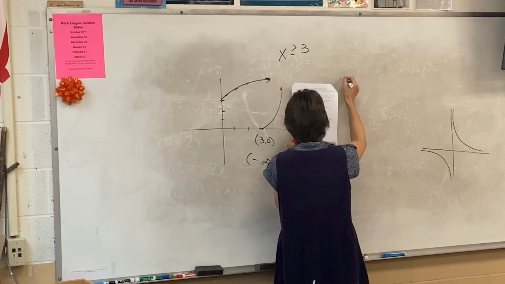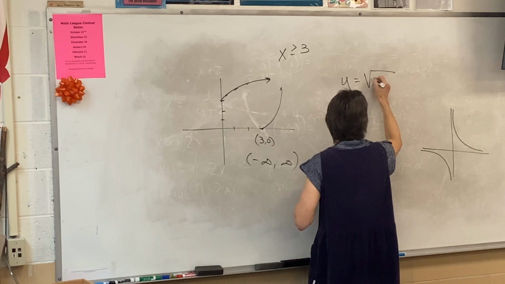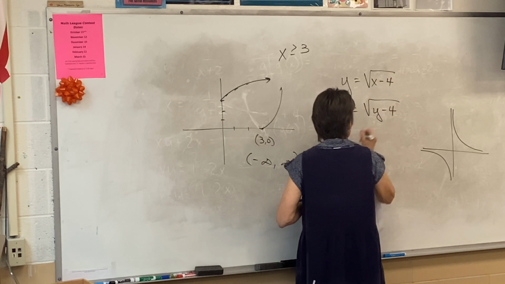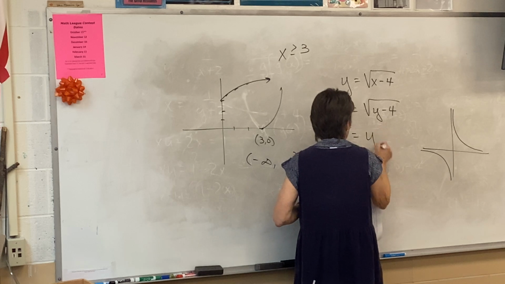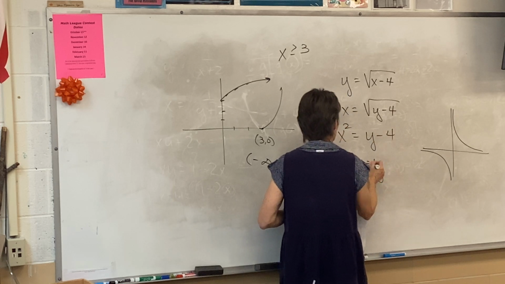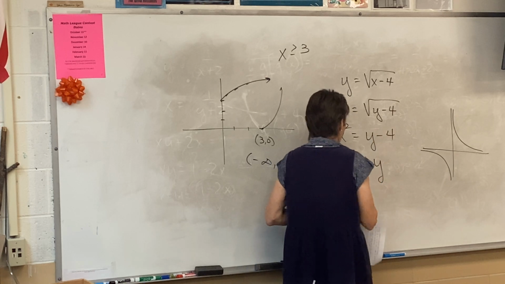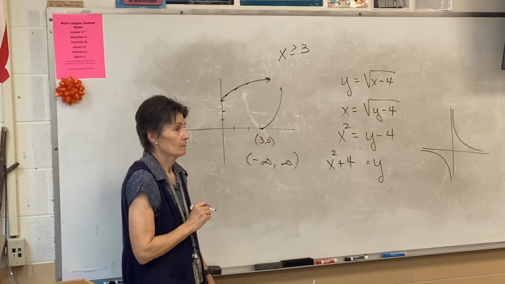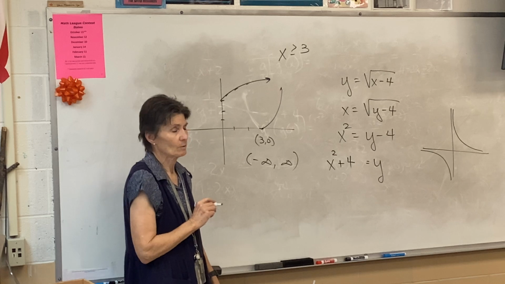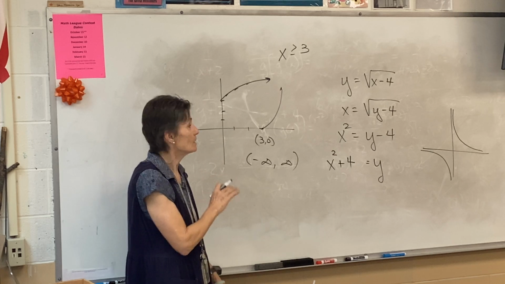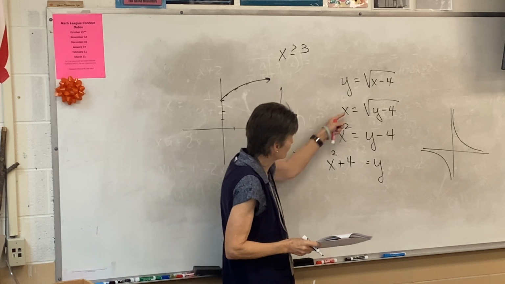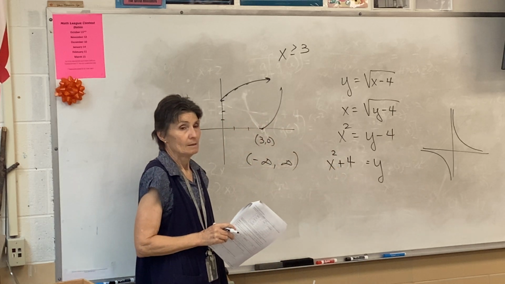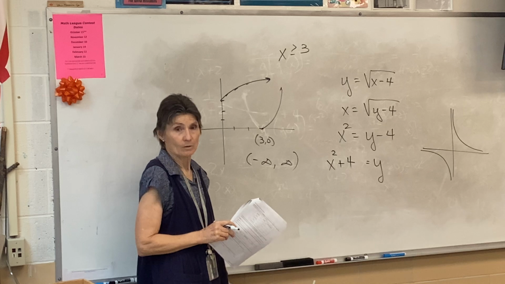All right, were you able to find the inverse of this one? Did you get this far? I got x squared plus 4. Well, we have to talk about that, so let's just pause here. Just doing the arithmetic, this is what I got. Does that look okay?